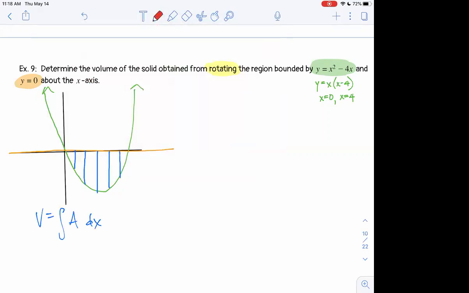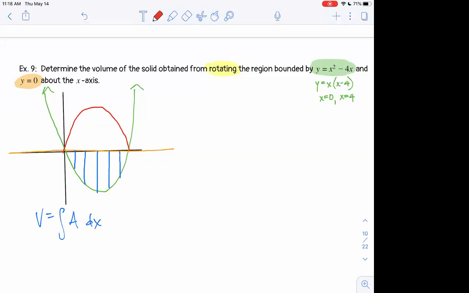Now, as I think about rotating it, again, I don't want to draw a whole big fancy picture, but I can tell a lot by reflecting what it's going to look like. So if I were to reflect around the x-axis, I would get sort of like this top part right here. And so this red curve represents the reflection of the green curve, or what it would look like if I was rotating it around the x-axis. And so what I get is kind of like a ball that is squashed a little bit, and the ends are maybe a little bit pointy. Okay.